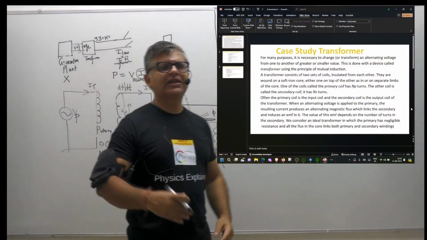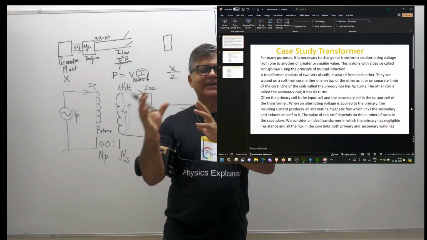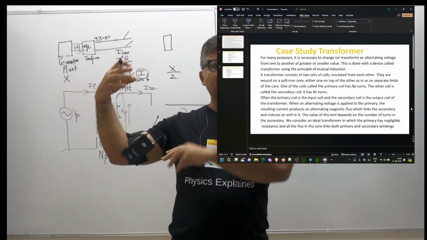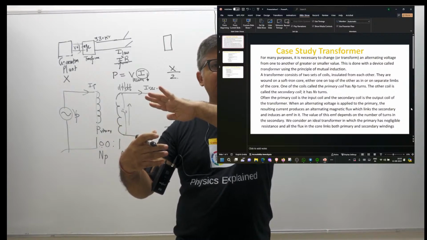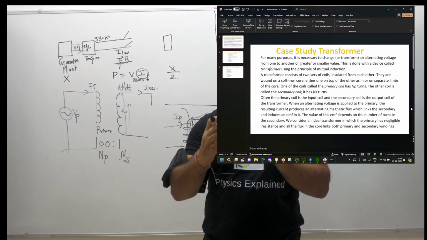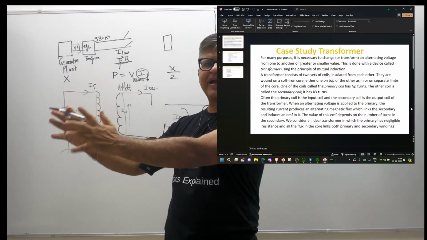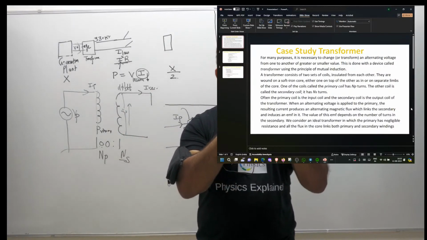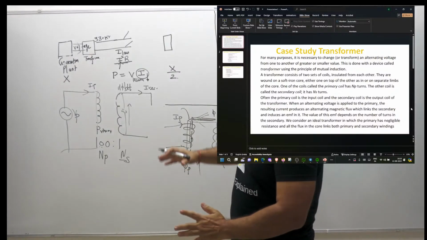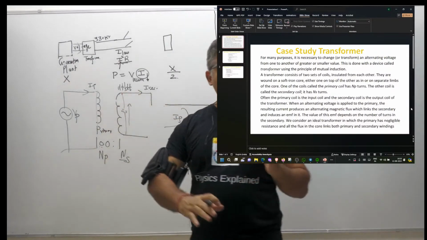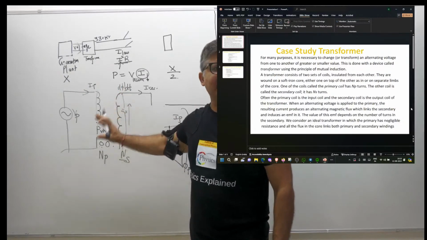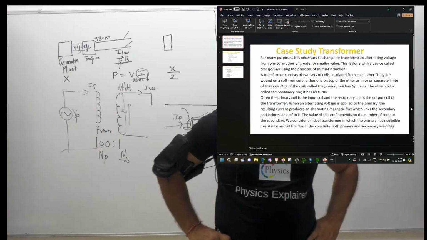All right, we've understood that finally the magnetic coupling, the d phi by dt coming from the primary, will get passed on to the secondary. The d phi by dt of primary will get passed on to the d phi by dt of the secondary. We have understood that, right? And now what happens is it produces a back EMF in the secondary. Let's go to the last paragraph.